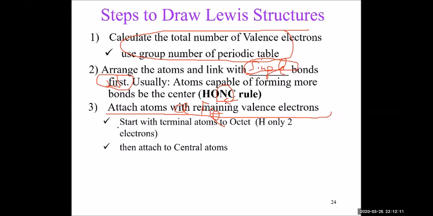And where do we start? Start with terminal. Terminal also means outside. It's not very good handwriting with a mouse, but terminal means the atoms outside, not central. The counterpart for terminal is central. Central atom, terminal atom. The terminal atom relates to those who've been to a big airport like LAX.